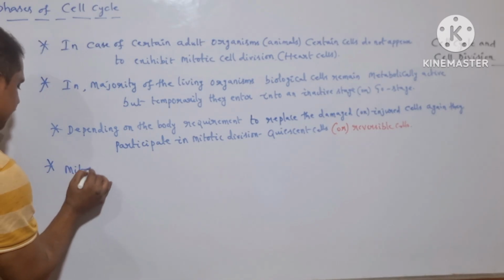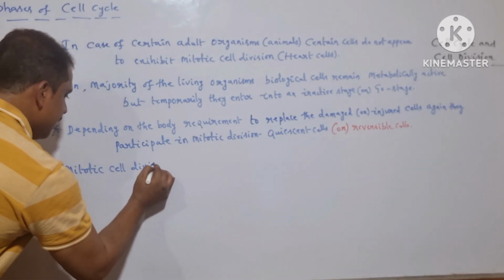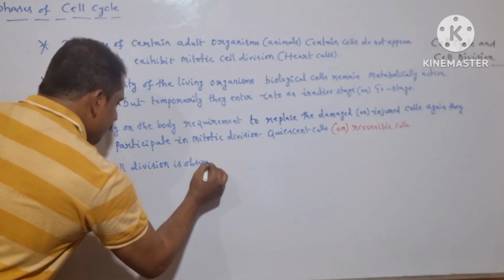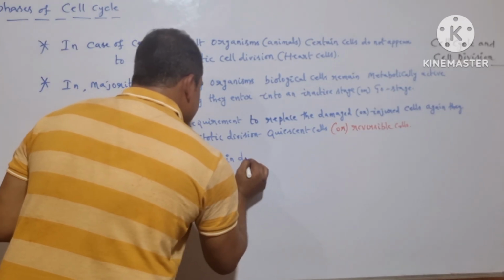Mitotic cell division is observed in diploid cells.